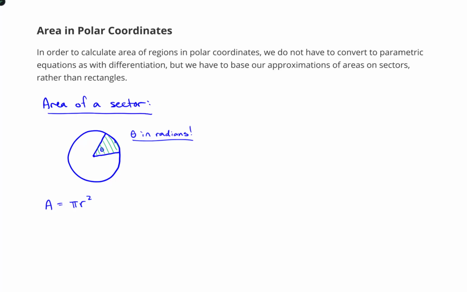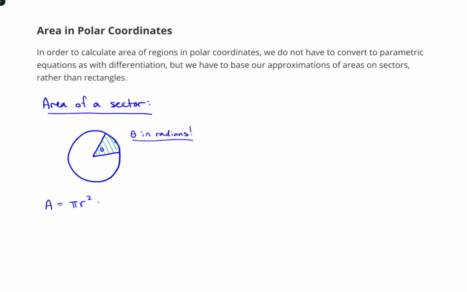Now, if we adjust that angle measure, we can come up with the area of a sector of a circle rather than the entire thing. And you've probably done this in the past simply by doing pi divided by 2 times r squared to get the upper portion or the lower portion of a circle in certain applications in calculus.